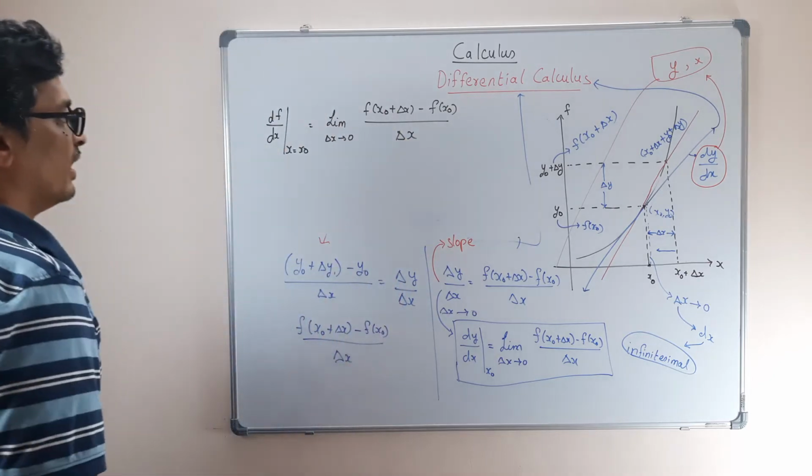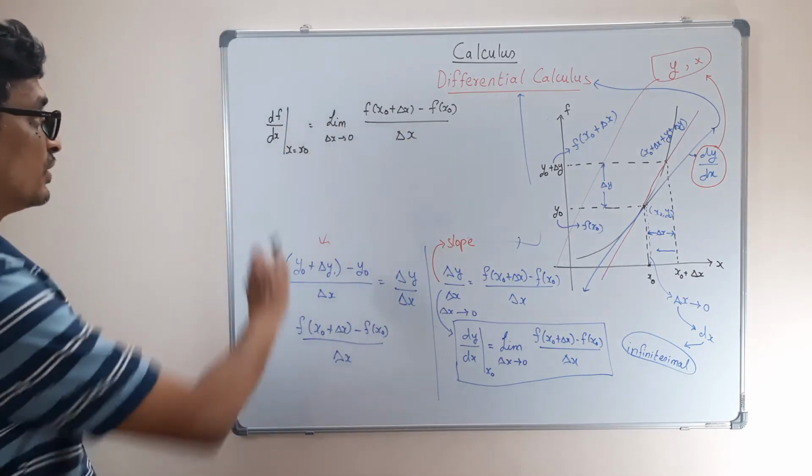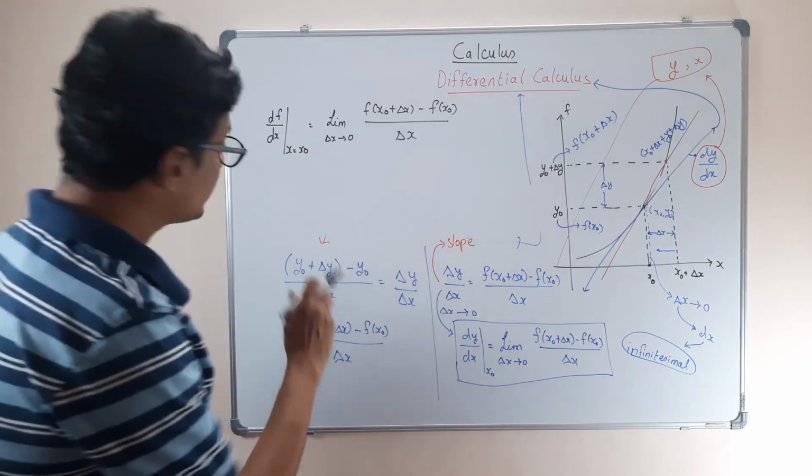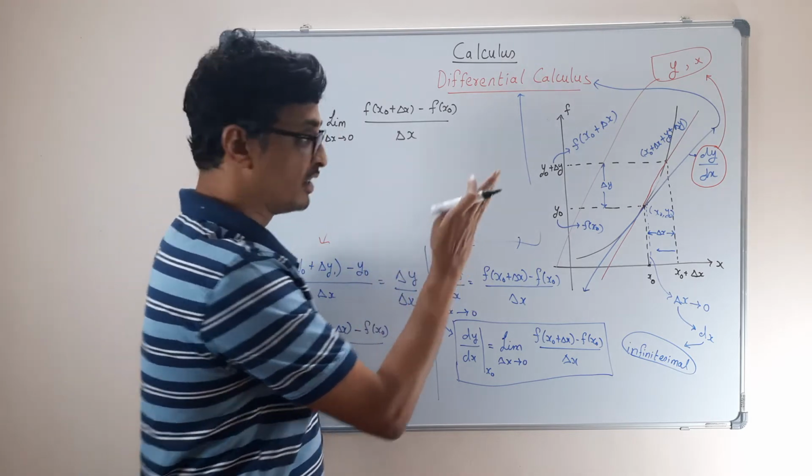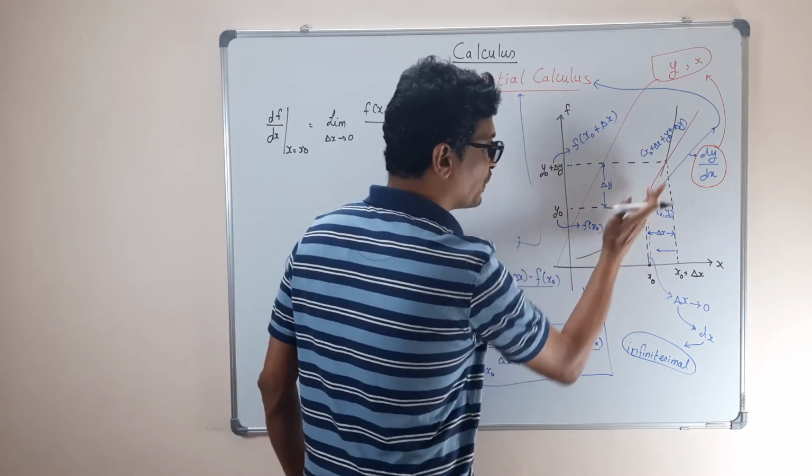Correct? This is the slope of the tangent drawn at x equal to x0.